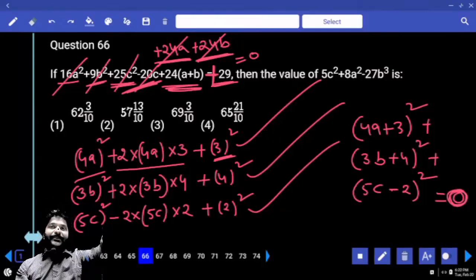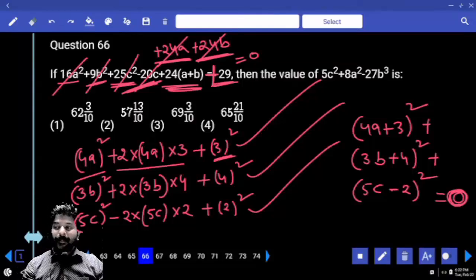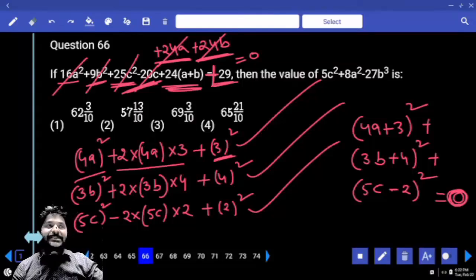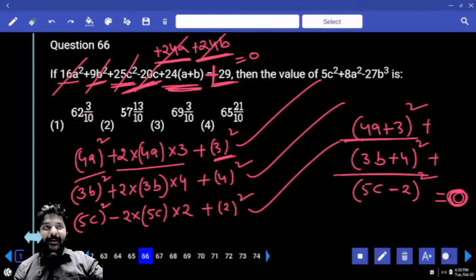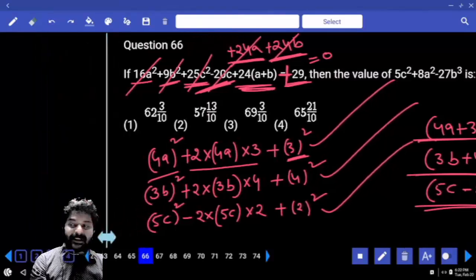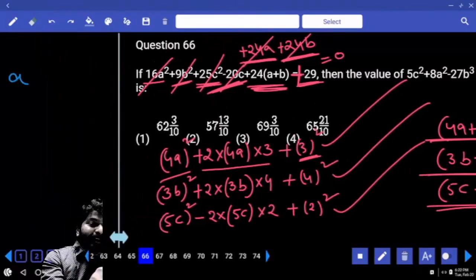Right hand side minus 29, we moved to the left hand side, right? If the right hand side value is 0, 4a plus 3 must be 0, 3b plus 4 must be 0, 5c minus 2 must be 0. From this we can get direct values for a, b, c.